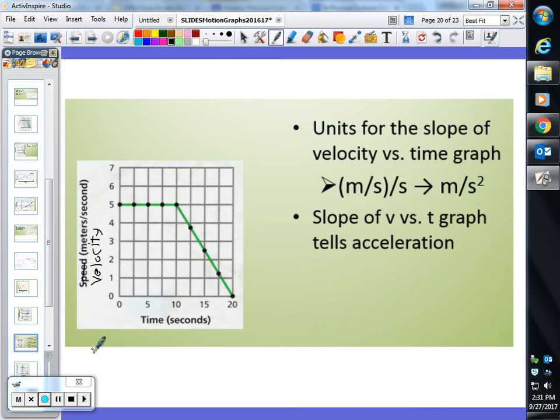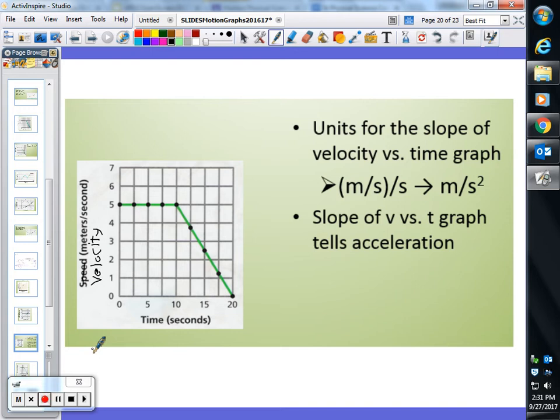All right. So, if we were describing this motion, what would we see? For the first 10 seconds, what is this object doing? Moving at a constant velocity. And that constant velocity is 5 meters per second, right? What happens from 10 to 20 seconds? It goes slower, but does it change direction on this graph?